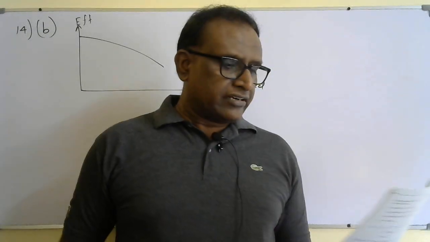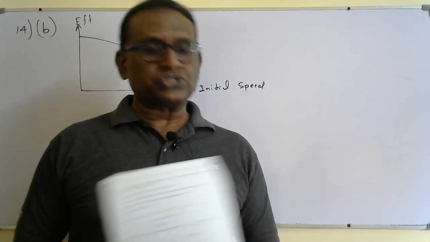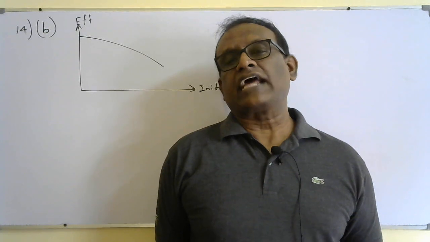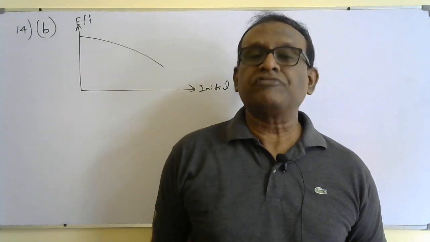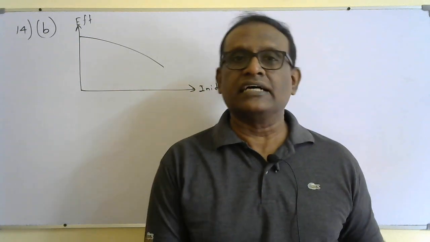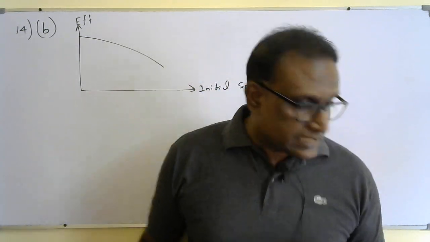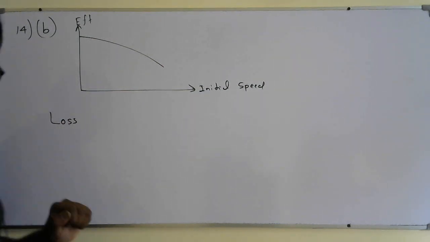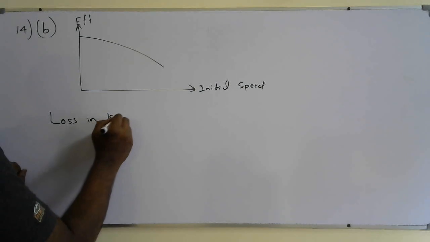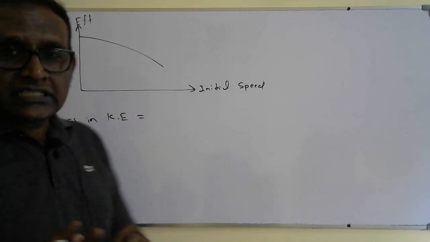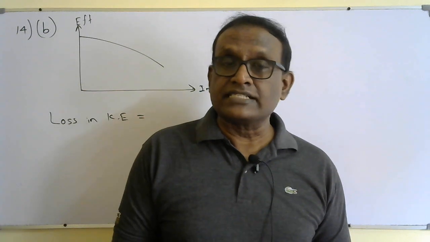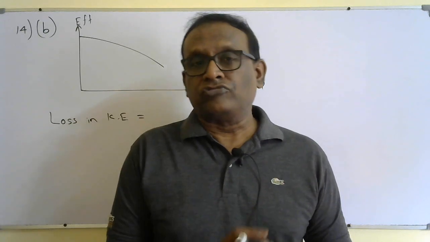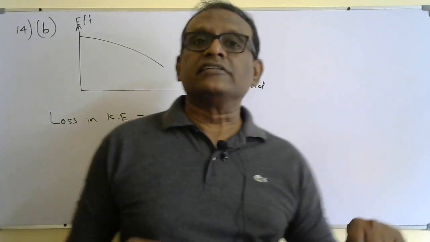Explain why the efficiency of the regenerative braking system varies as shown. Already we said in B part, first part, that when the speed increases, drag force will increase. So for the energy equation we can write: the car is losing kinetic energy during braking. The loss in kinetic energy could be converted fully to the regenerative system if there were no drag force. But there will be drag force, so there will be work done against drag force also.